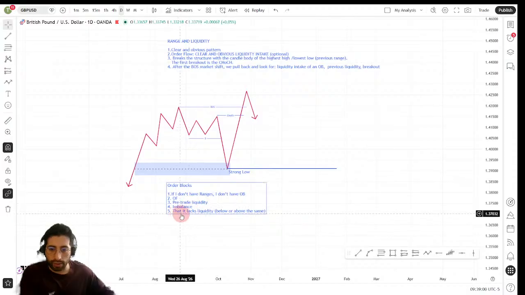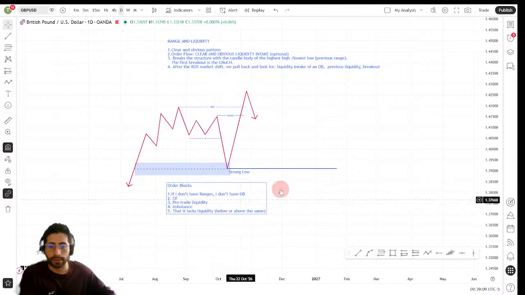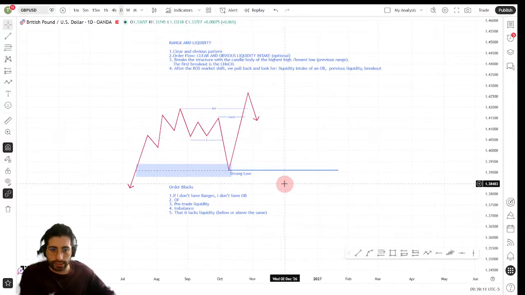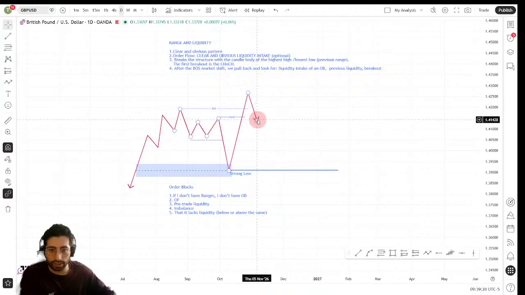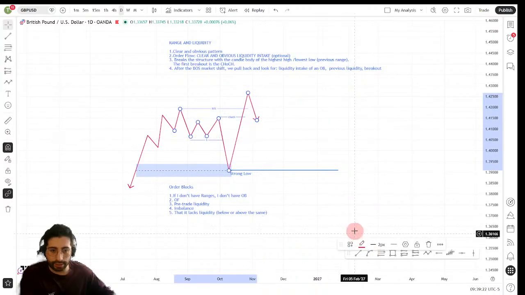And the last one is that it lacks liquidity below or above it, right? It depends. So let's do the next. I'm gonna do this example again, theoretically writing it, and then we're gonna watch it, right? So let's keep analyzing the next.